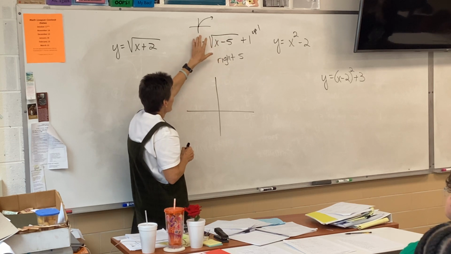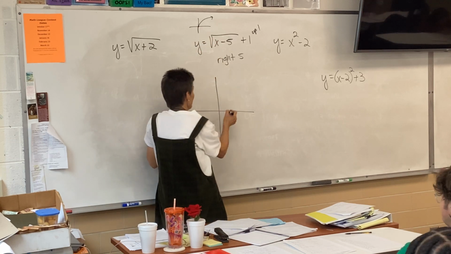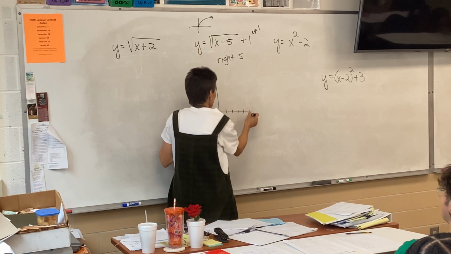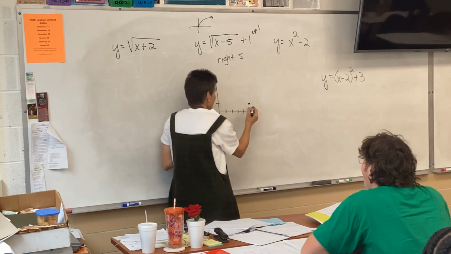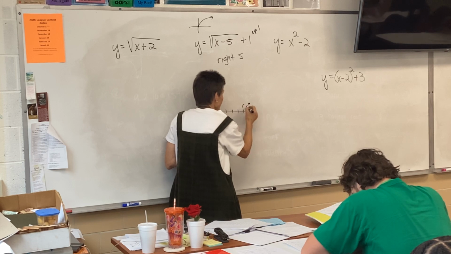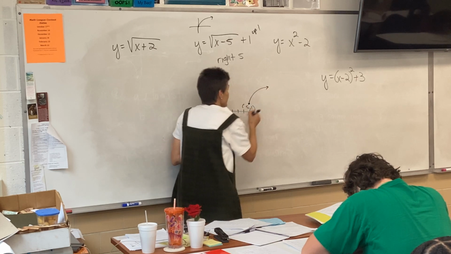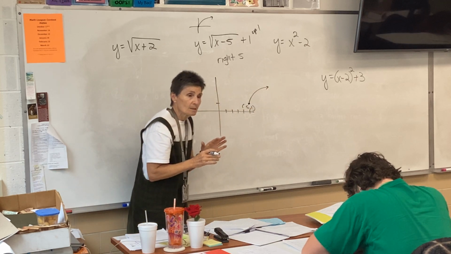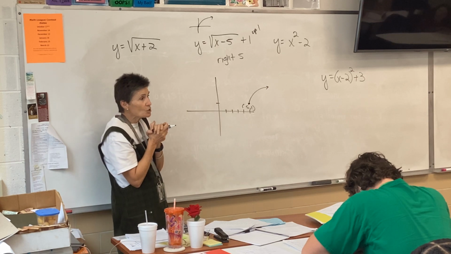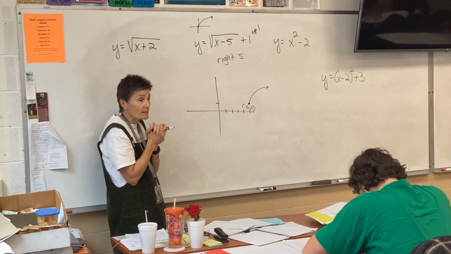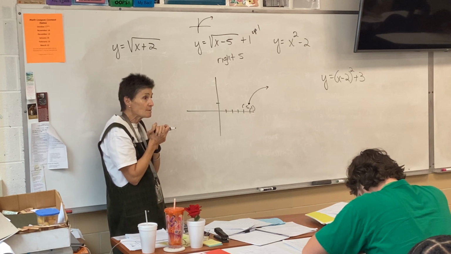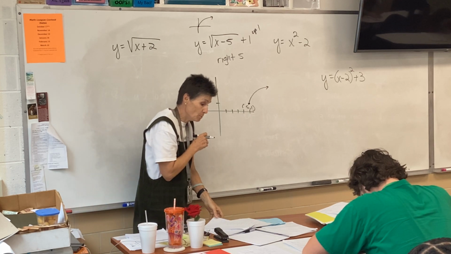So I'm going to take that shape, and I'm going to move it right 5 and up 1. So now I'm at the point 5, 1, and I'm going to go up and out. There it is. Moving the shape does not change the shape. It just moves it. Adding and subtracting just moves the shape.